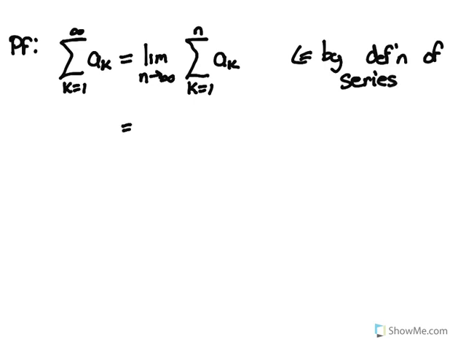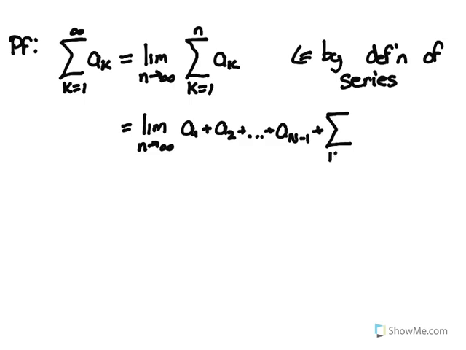Now since we're taking the limit as n goes to infinity, we can only look at large n. So this we can split up as the limit as n goes to infinity of a_1 plus a_2 up to a_(N-1), plus the sum from k equals 1 to n of a_k. And this is for little n greater than big N. Sorry, this starts at k equals N.